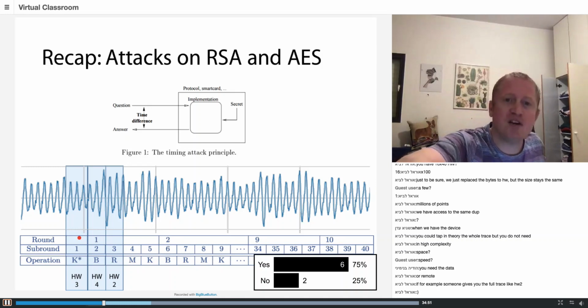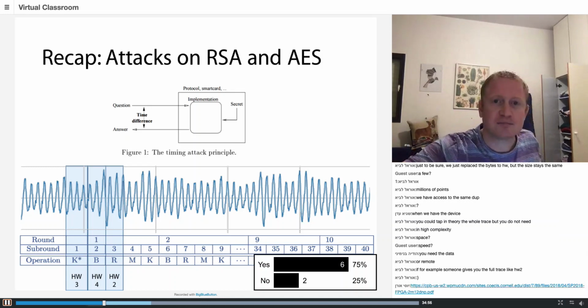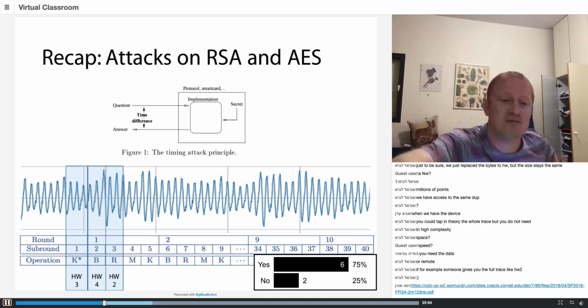This is a very, very experimental work by two serious people in Cornell, but they're saying you can measure power consumption using an FPGA remotely.